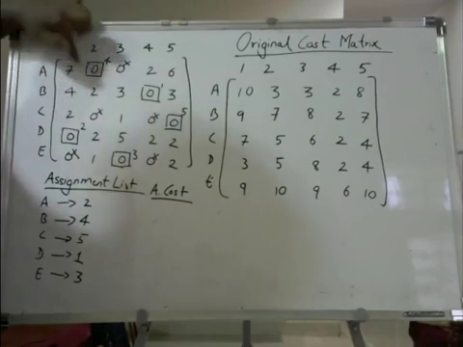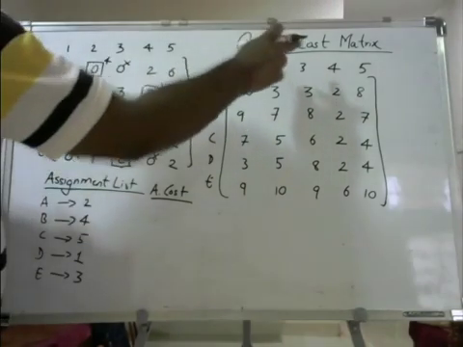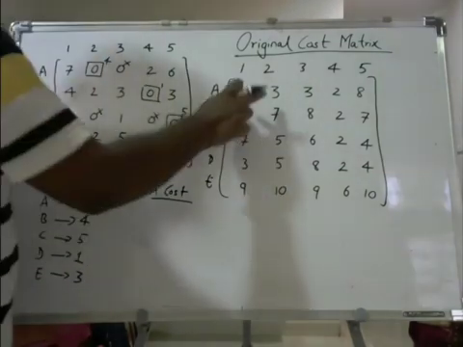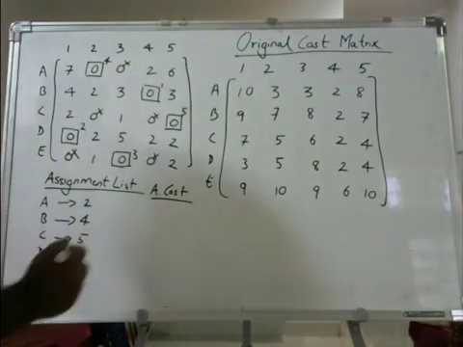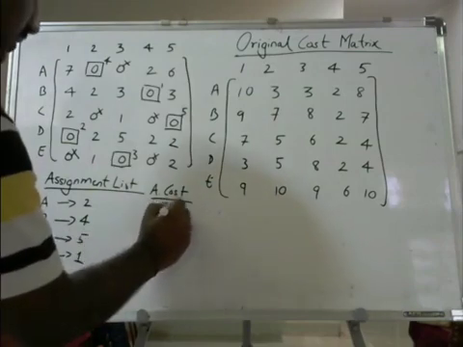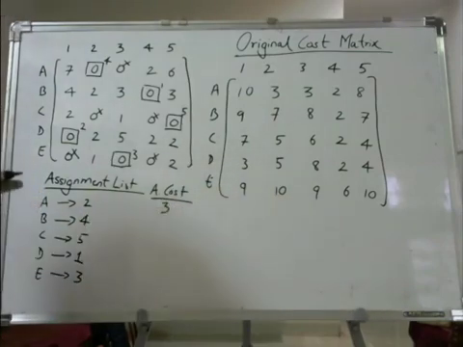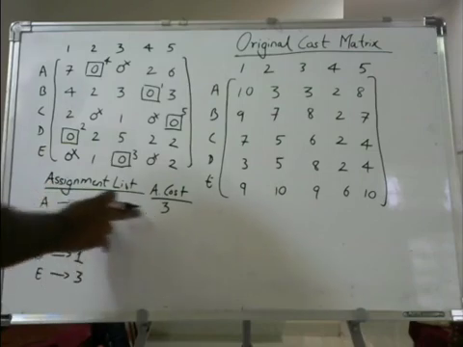The box is here. You have to refer to the original cost matrix which is given in the problem. In the original cost matrix, it is here 3. So for A the cost is 3. For A to do the second job, the cost is 3.